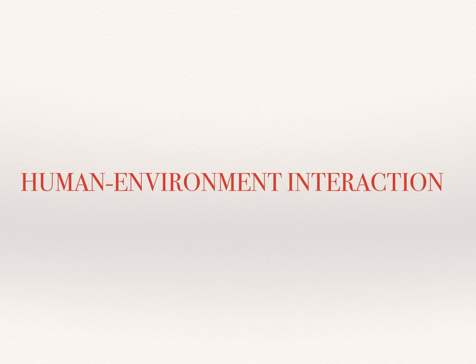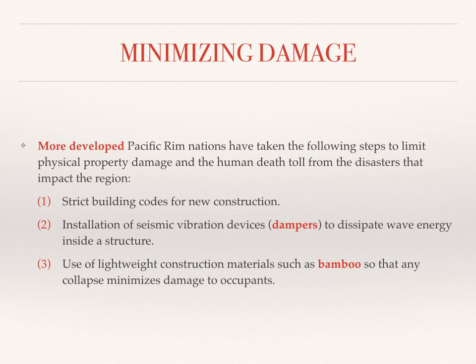Human-environment interaction. Minimizing damage. The more developed Pacific Rim nations have taken some steps to limit physical property damage and human death from disasters that impact the region. One thing they've done is to enact strict building codes for all new construction.